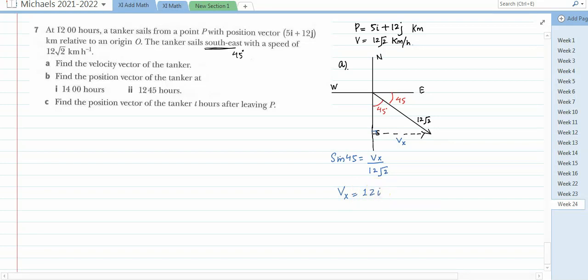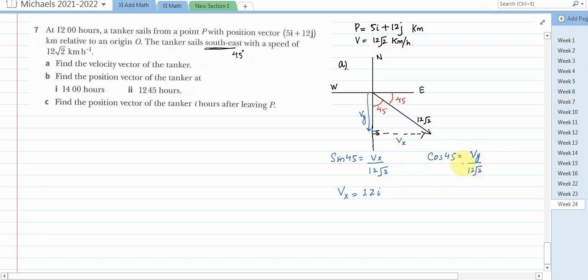Alright. But if you talk about velocity y here, that means this component, right? This component is velocity y. At first I observed that the sign should be negative because it's in the negative y direction. Now it will be cos this time, not sine. Cos 45 equals adjacent over hypotenuse.